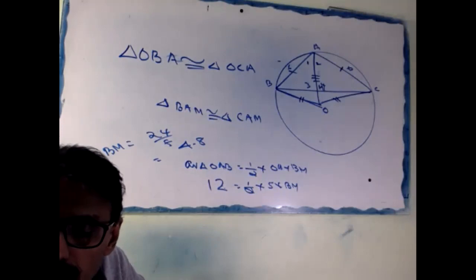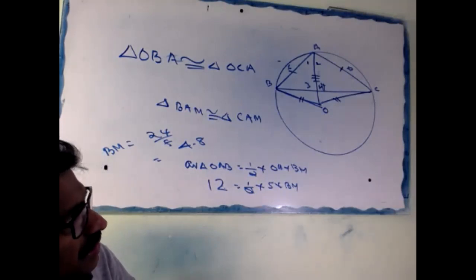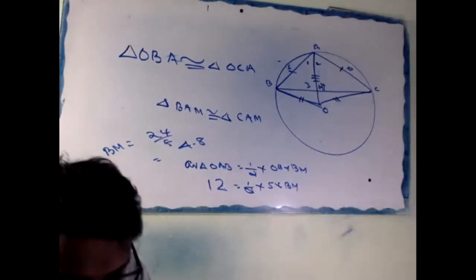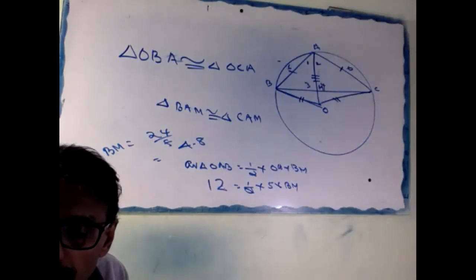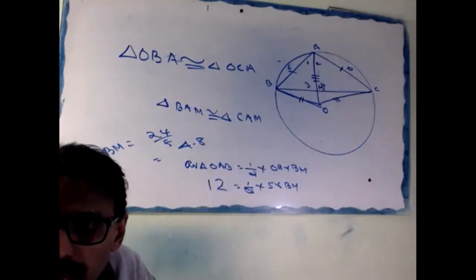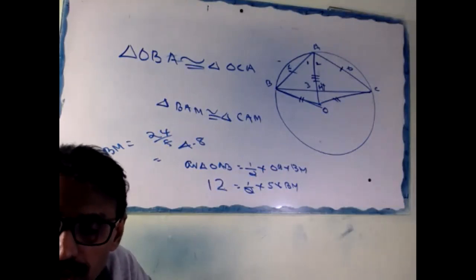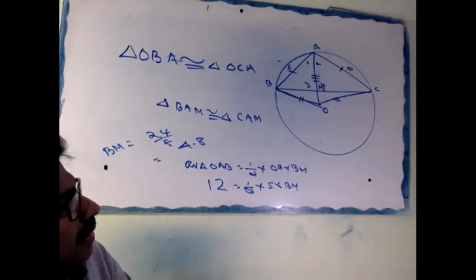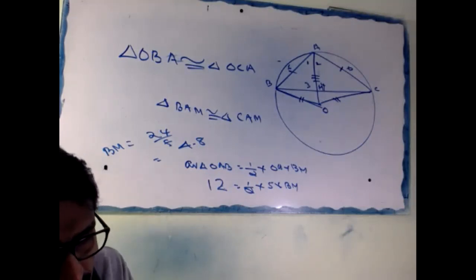Okay, clear now? Up to here, clear? OA is the perpendicular bisector of BC. Now, by Heron's formula, you find the area of triangle OBA. You got 12. Now, this area we can find by Heron's formula or half base into height, also same.